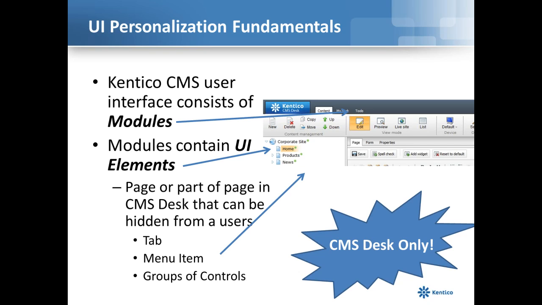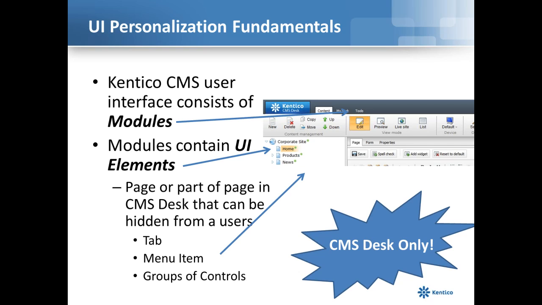The screenshot that you can see here represents an example of a customized CMS desk. Obviously, for the modules, we've hidden things across the top, like e-commerce and online marketing. You can see there's things like tabs and menu items that are actually missing.